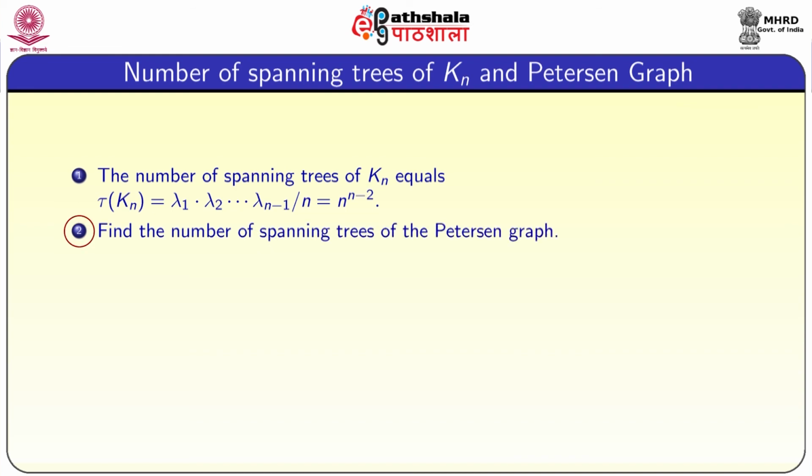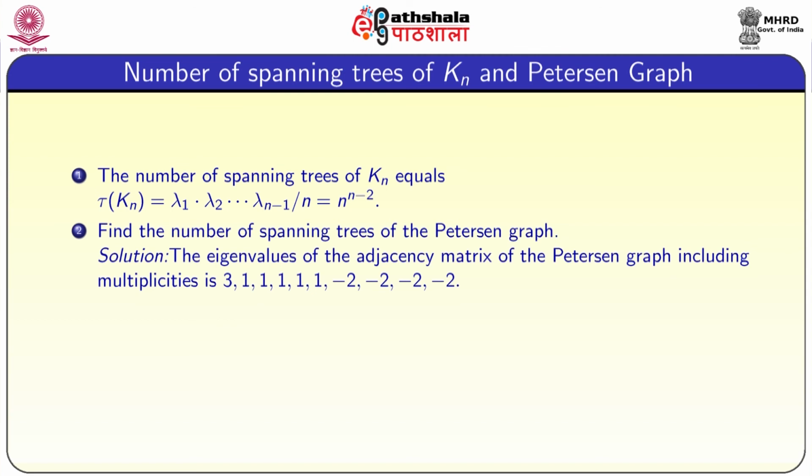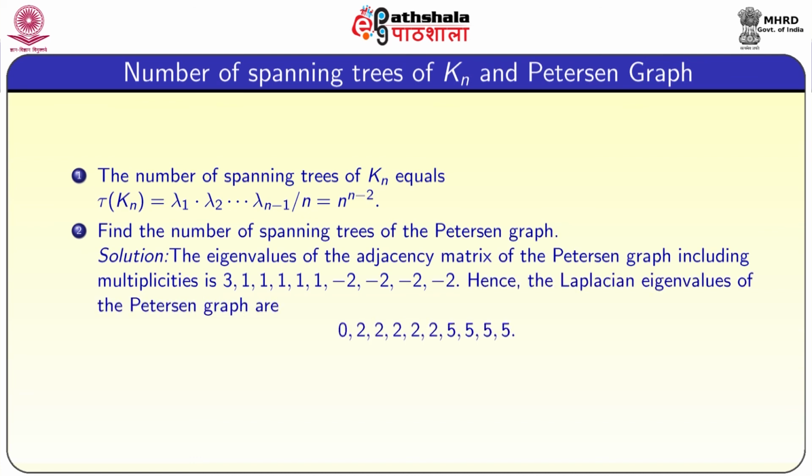Now we will find the number of spanning trees of Petersen graph. The solution: the eigenvalues of the adjacency matrix of Petersen graph, including multiplicities, are 3, 1 five times and minus 2, 4 times. So hence the Laplacian eigenvalues of Petersen graph are 0, 2 five times and 5, 4 times, as the Petersen graph is a regular graph, a 3 regular graph.